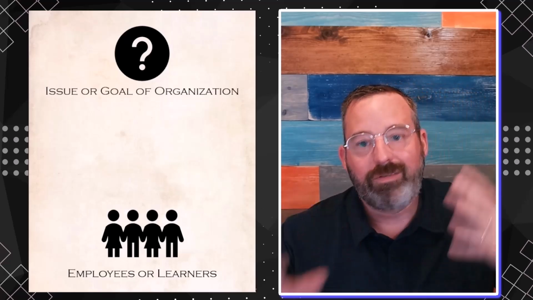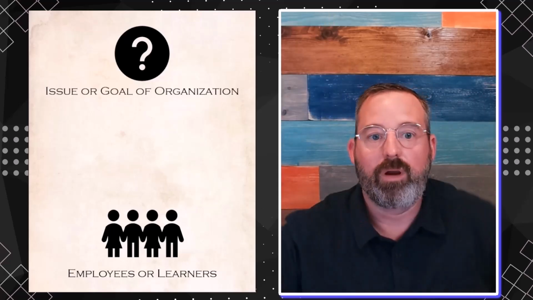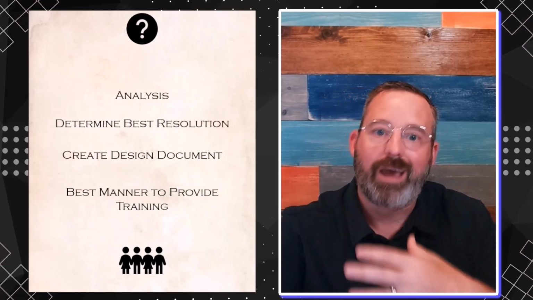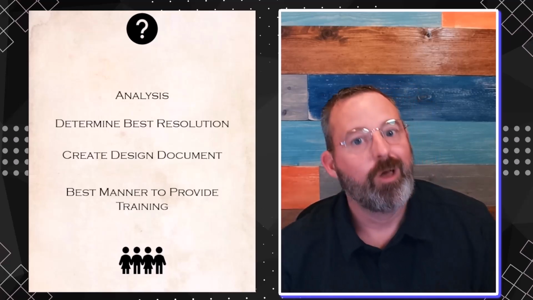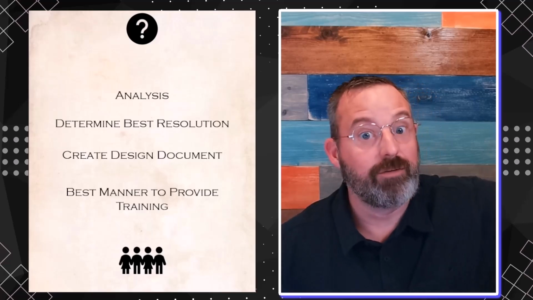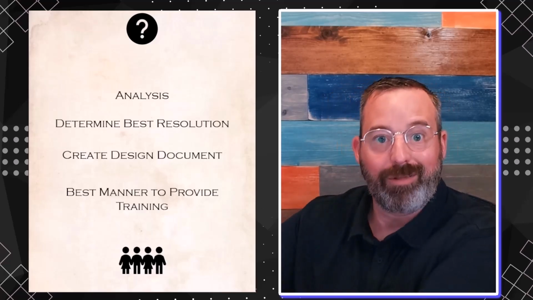In between where the goal is and where the learners currently are, this is where, if you're using the ADDIE model, we go through analysis. We're determining, does training make sense? Does training fix this? Does coaching fix this? Do we need more people on hand?